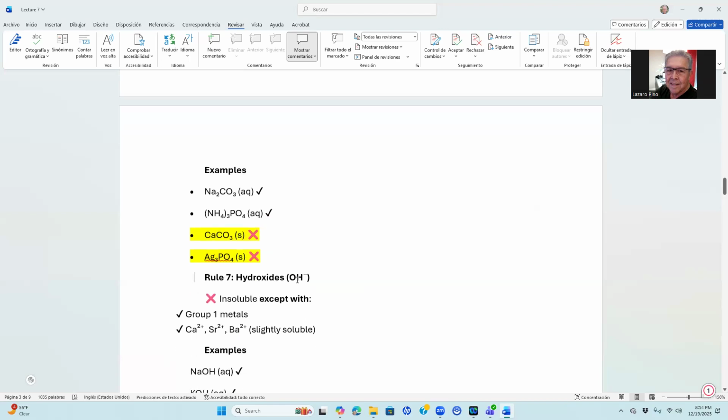The hydroxides, the compounds that contain the OH negative anion, a polyatomic anion, are insoluble. They are only slightly soluble if you have calcium, strontium, or barium. And of course, with the metals from group 1 and ammonium, these hydroxides are soluble.